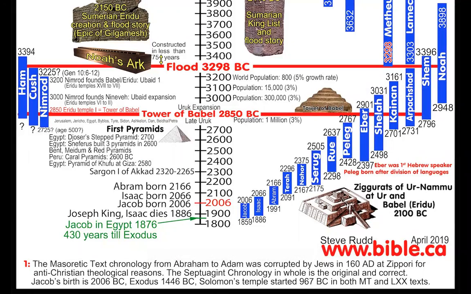The Septuagint chronology, and the Septuagint is really what they're laying out here, this belief that the earth was created in 7 days, right? That's the root of the word sept, as opposed to penta, which means 5. The Septuagint chronology in whole is the original and correct. And they date some other important dates there.